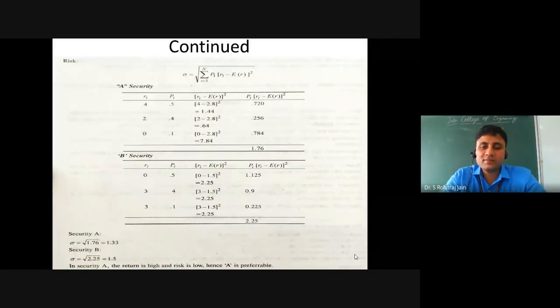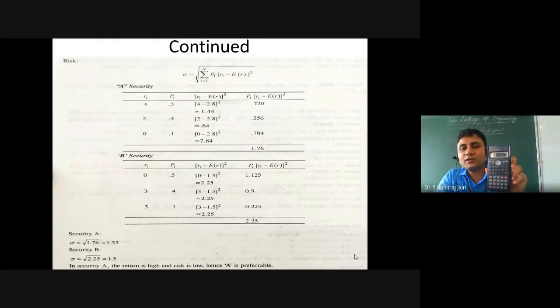Similarly, 0 minus 2.8: open the bracket, 0 minus 2.8, close the bracket, square of that, which is equal to 7.84. Please solve along with me. Though the answers are there, still solve along with me so that you will be well versed with the problem.